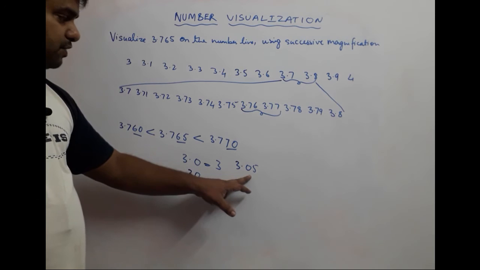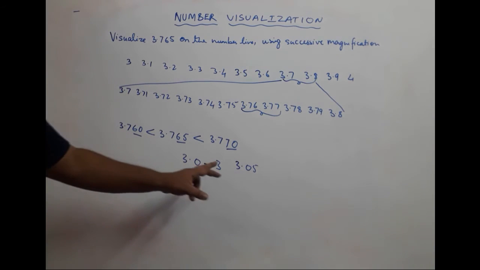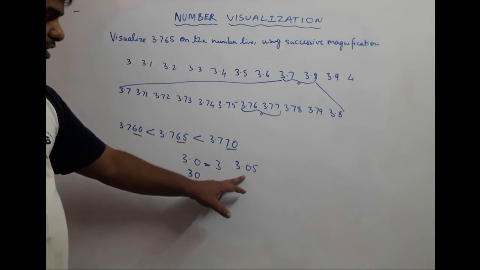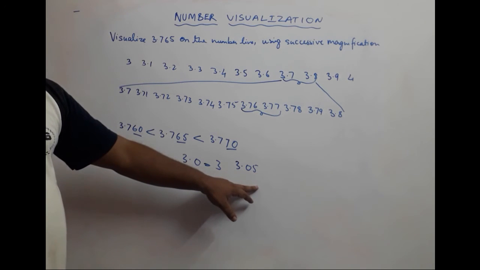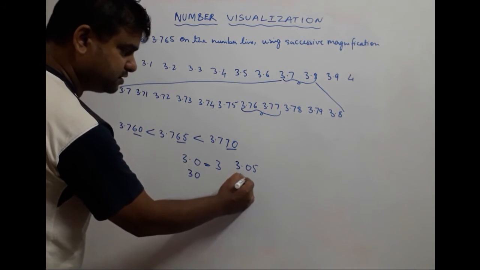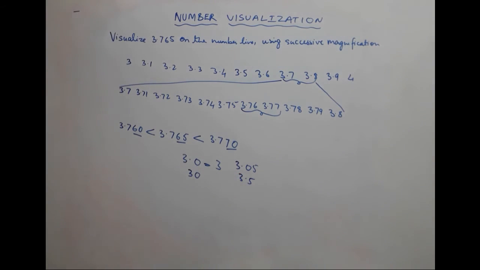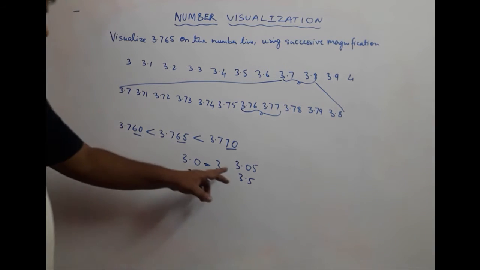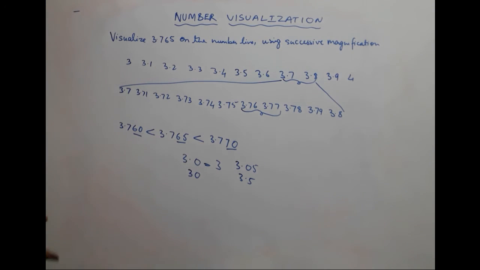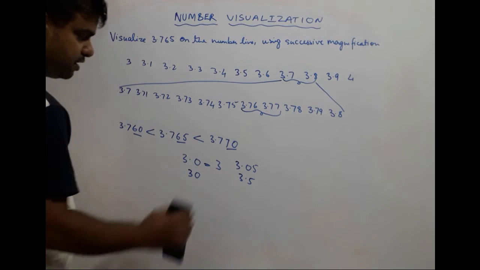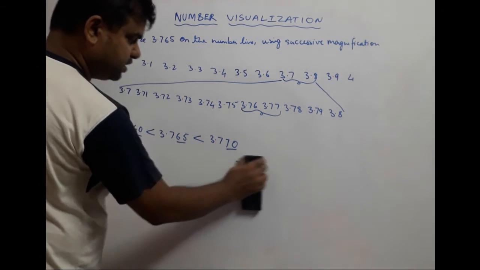That is why we don't call it 3.5. It is not 3.5, it is 3.05. Okay, 3.5 is this. Got it? So always remember, that's how you read the numbers after the decimal.